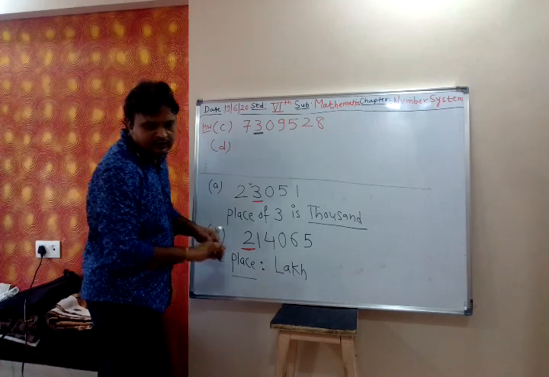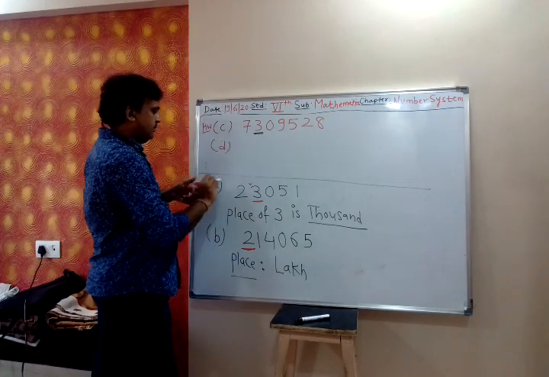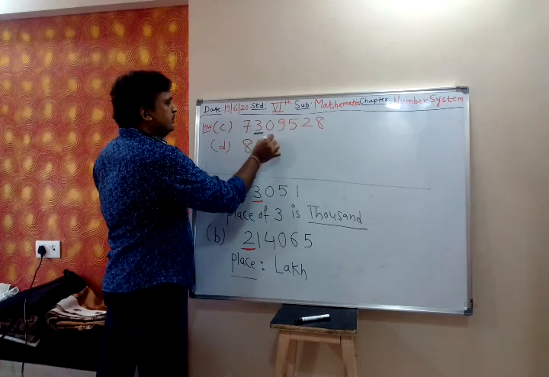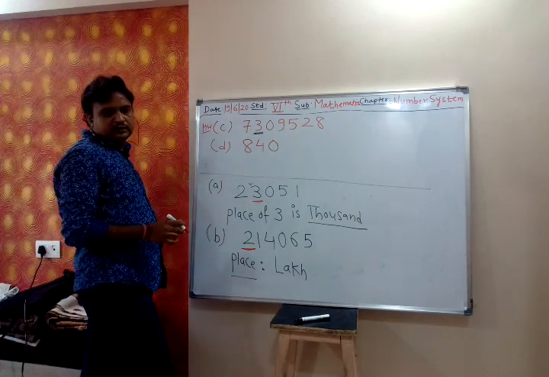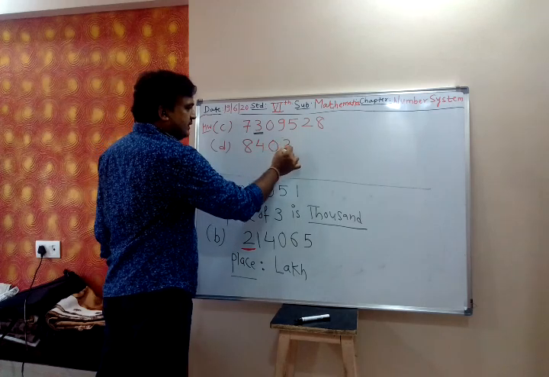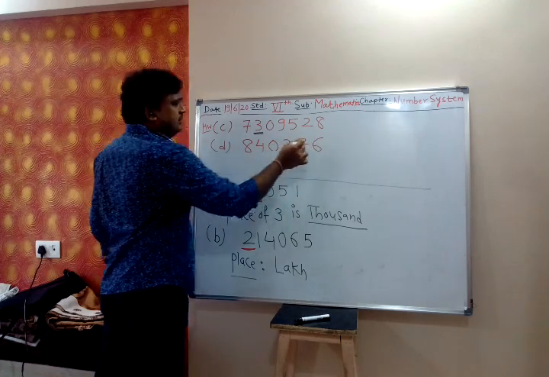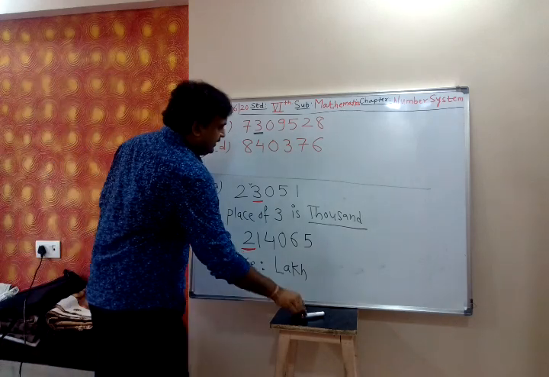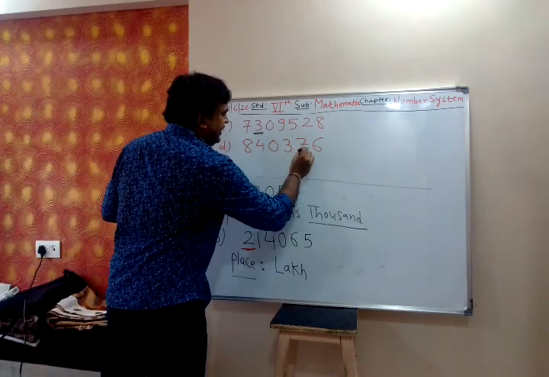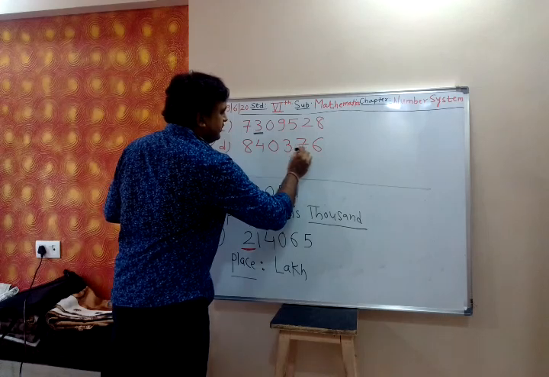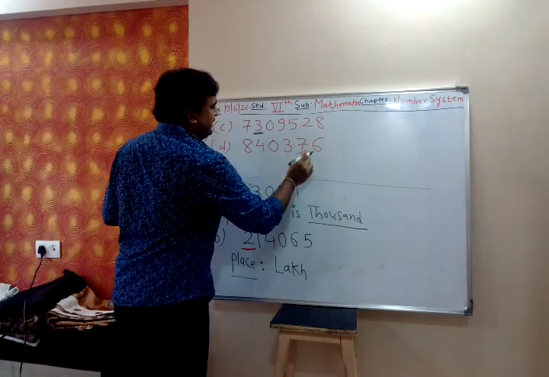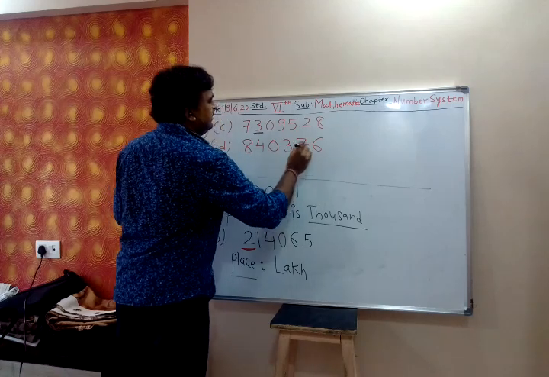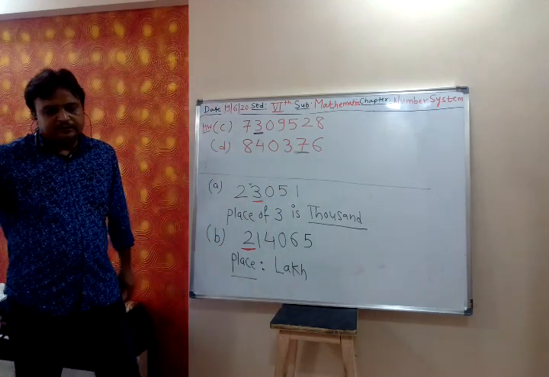Then next, 840376. In this the underlined digit is 7. 7 is the underlined digit. Write the place.